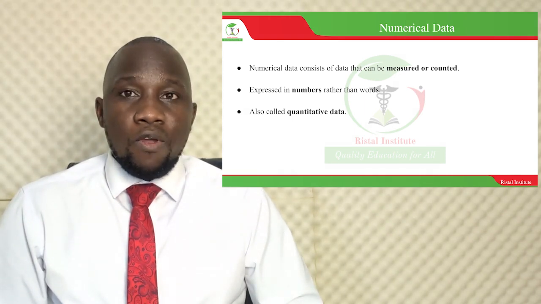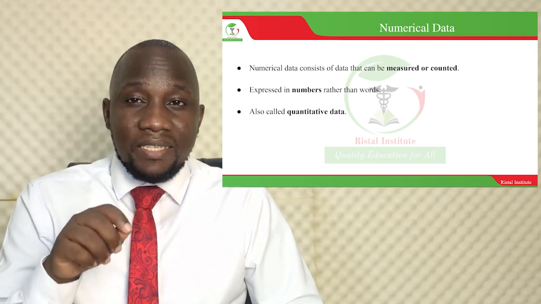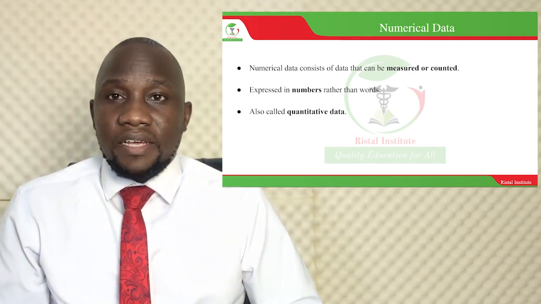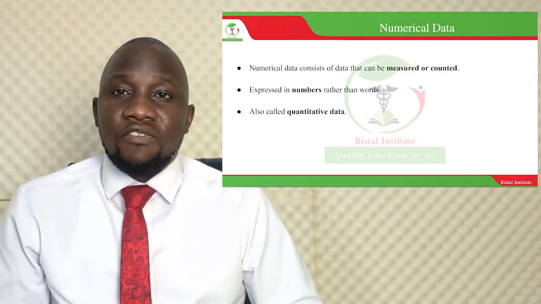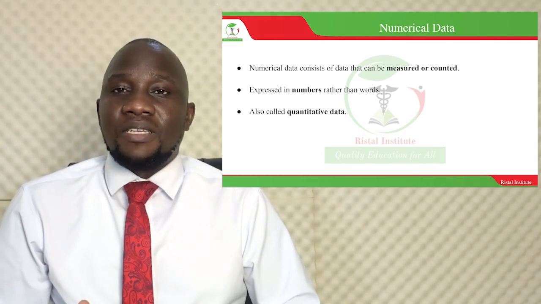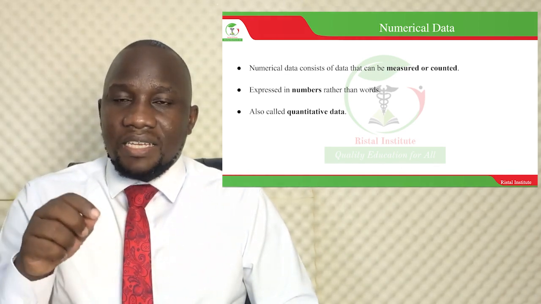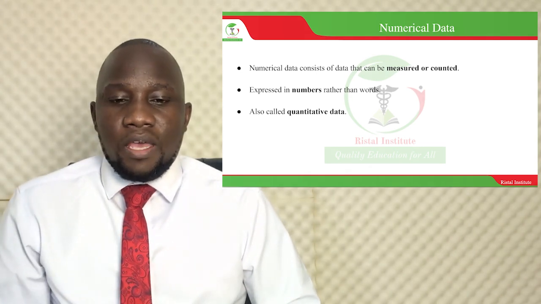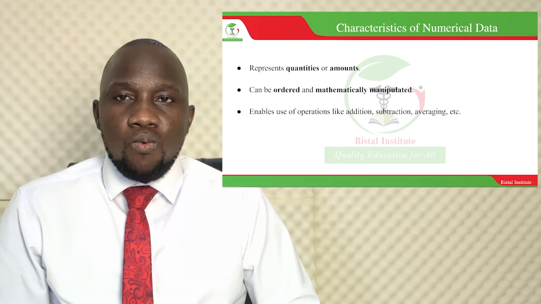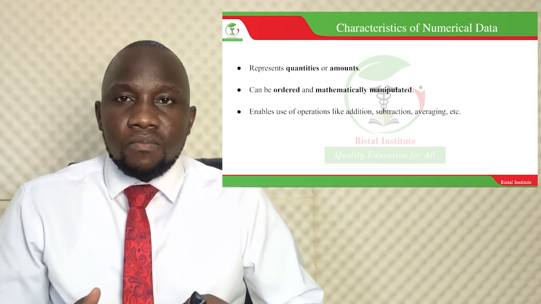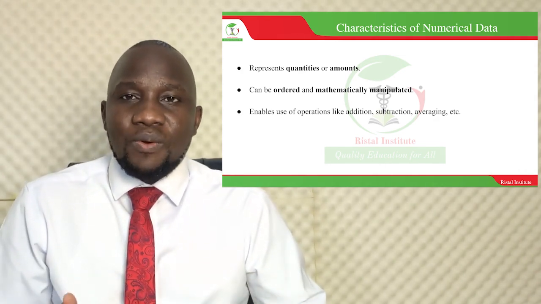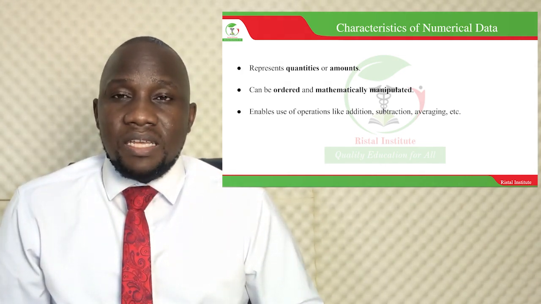We assign numbers to the different characteristics that we are looking at, even if it is intelligence, temperature, or number of cells. We have this numerical data, and it is always this numerical data that we shall be handling in statistics.